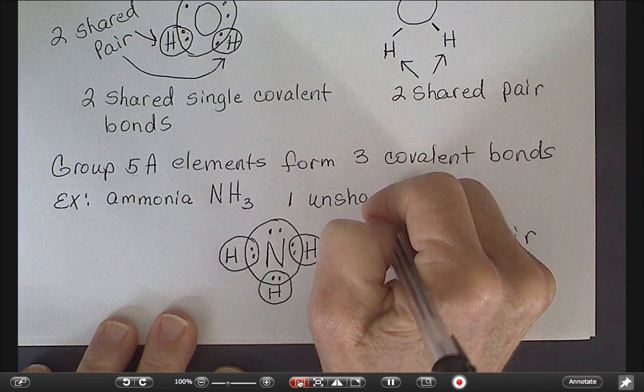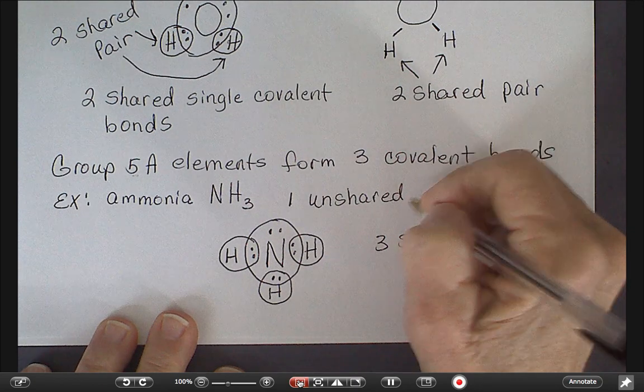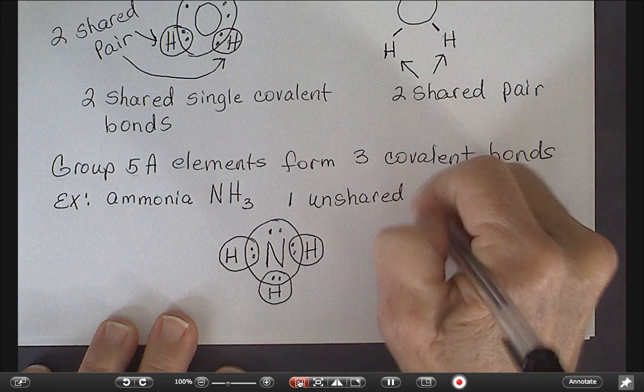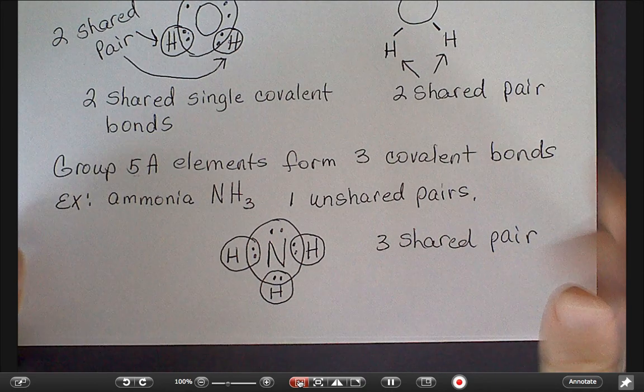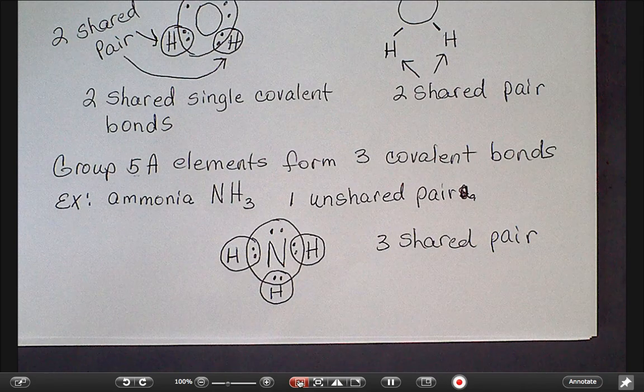Yes. And again, these unshared pairs are going to come into play later when we talk about polar and nonpolar.